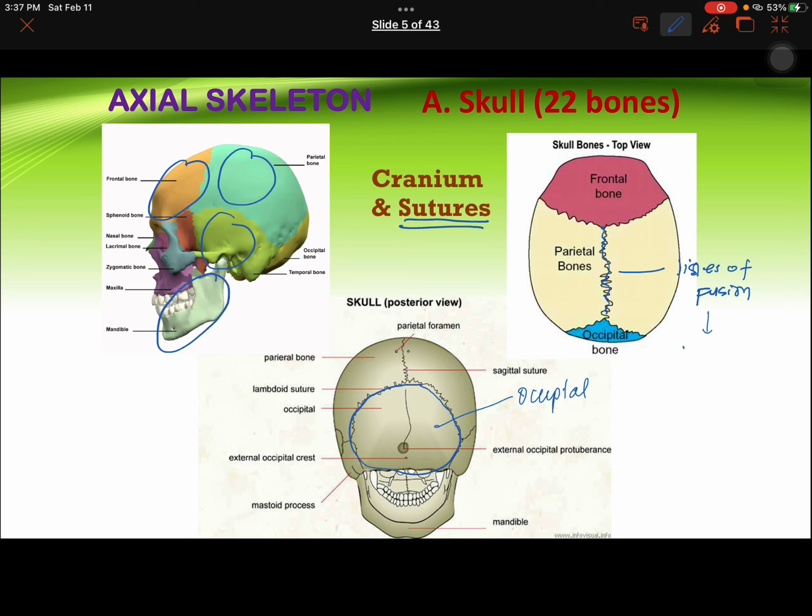They are not fused in infancy, and gradually they are completely closed, or completely fused, months after that. So these are the sutures. You have here your sagittal suture, and you have here your posterior suture.